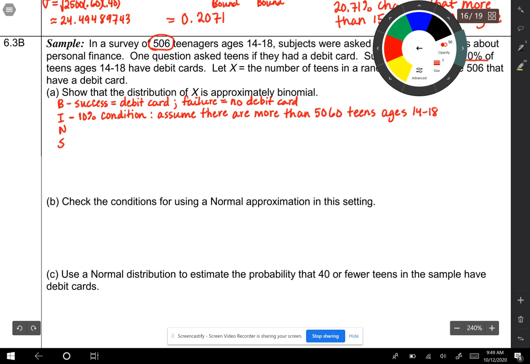We know that's the case. N is our number of trials, or sample size, sorry, it's 506. And our probability of success is 0.10.